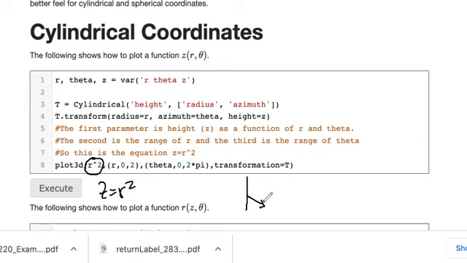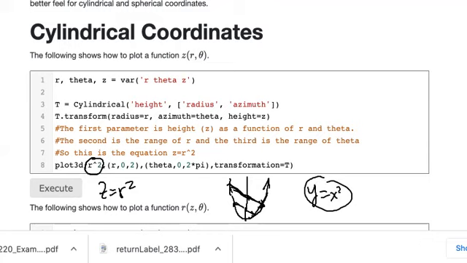If you think in this one direction, it should look like a parabola if you look at one cut right here with an r value going either this way or that way, and the relationship would be like y is equal to x squared, right? So as r increases, that'll increase z, and it should work just like this as a parabola, but it's going to do it in every direction.